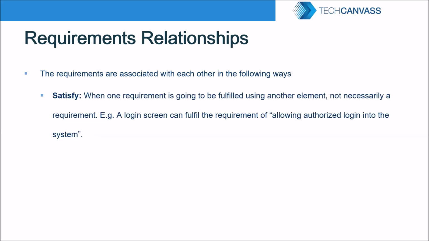So that's a satisfaction level of relationship between the requirements. Another example mentioned here: a login screen can fulfill the requirement of allowing authorized login into the system. And that login screen could be something already developed in some other module.